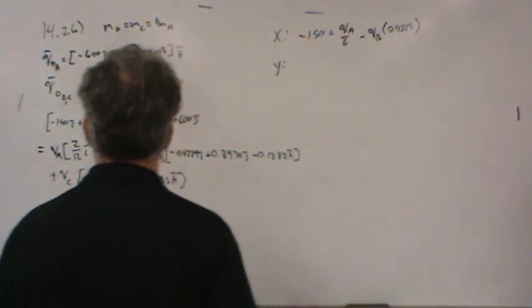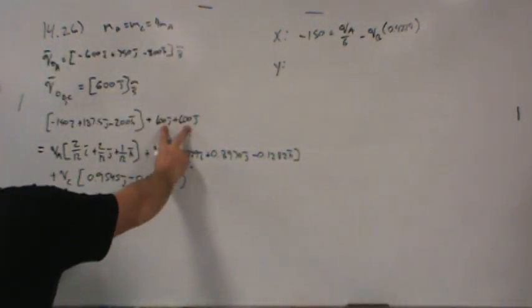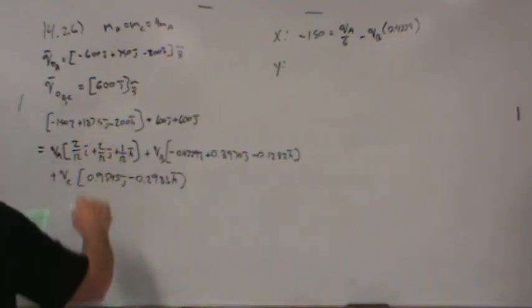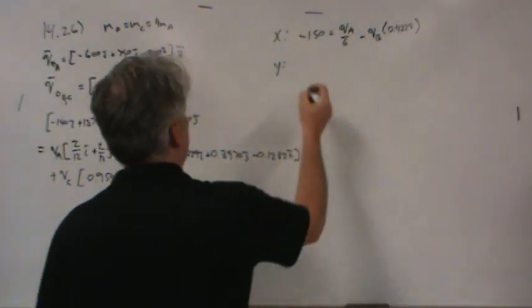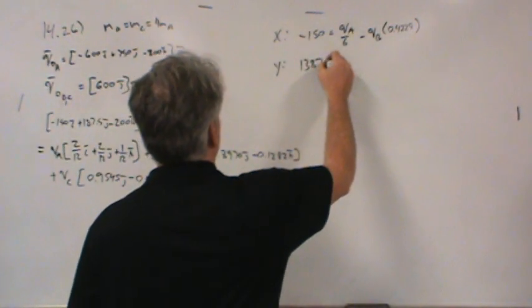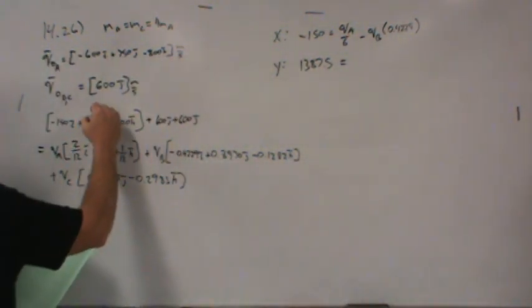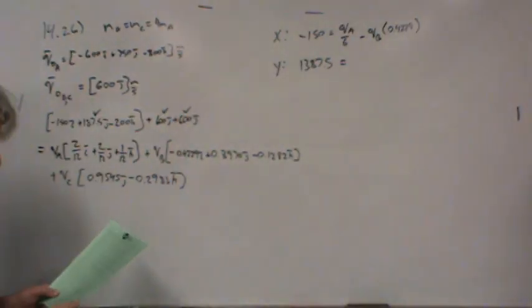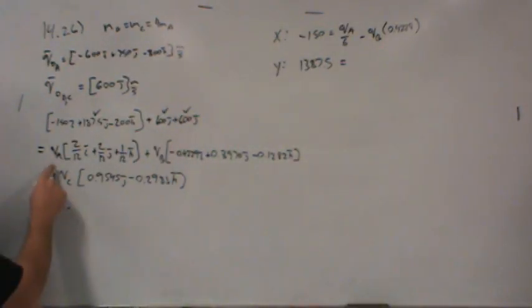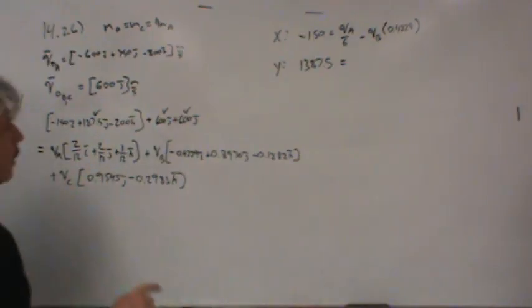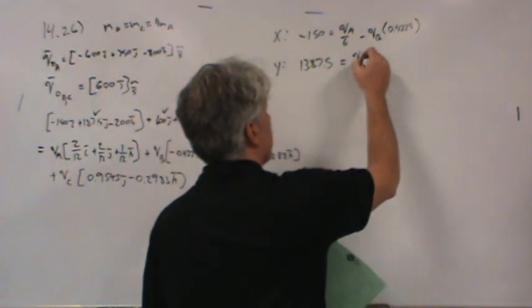The y direction equation, let's see on the left-hand side, notice we've got 1200 here plus 187.5. So that's 1387.5 on the left-hand side, because notice I'm taking this term, this term, and this term. And that has to be equal to, on the right-hand side, what j terms do we have? Well, VA 2/12, or in other words, VA over 6.